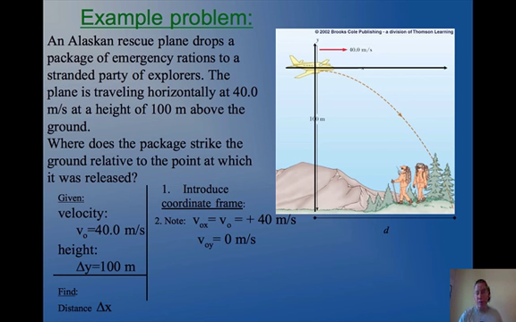Okay, here's a hint. When you solve, you have to break this down into 2 separate equations. You're always going to have an equation you're solving for in the x and an equation that you're solving for in the y. In this case, we're looking for the distance in the x. That is, we're looking for delta x. You know there's only one equation in the x that you can use. However, in that equation, we don't yet know time. So you'll first have to solve for time.